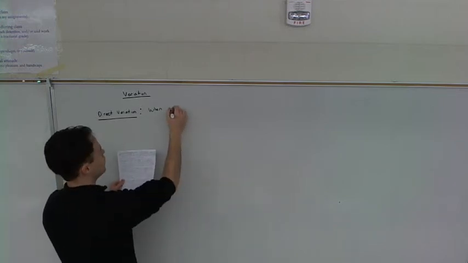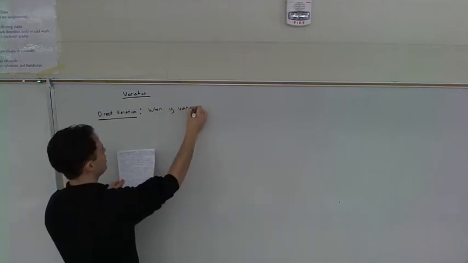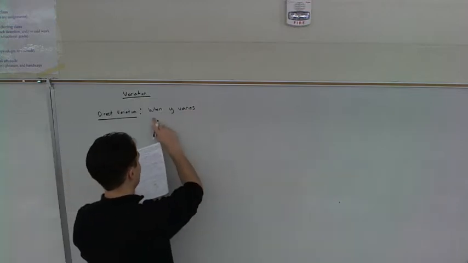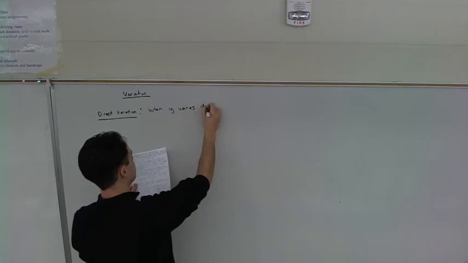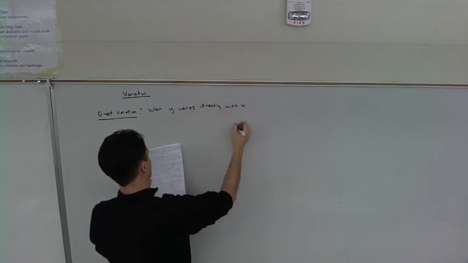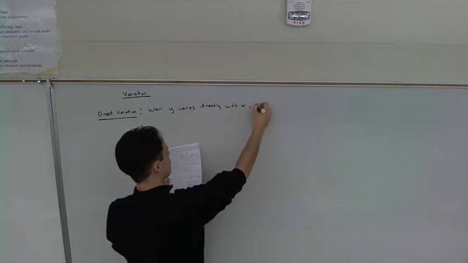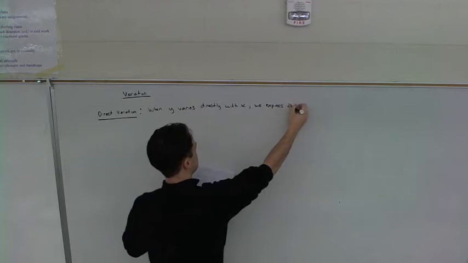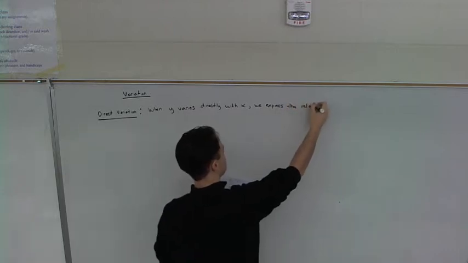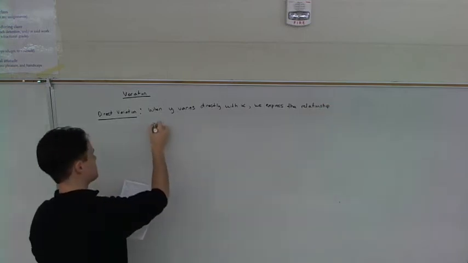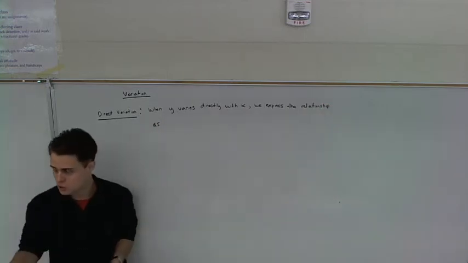It says something like when y, it doesn't have to be y, it can be any variable. Any variables can be in these. But I'll use y. So when y varies directly with x, if a problem says something like that, we express the relationship as, here's what the equation looks like.